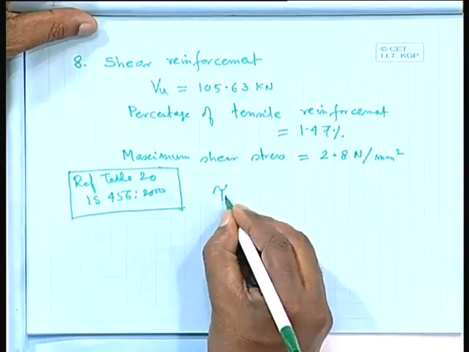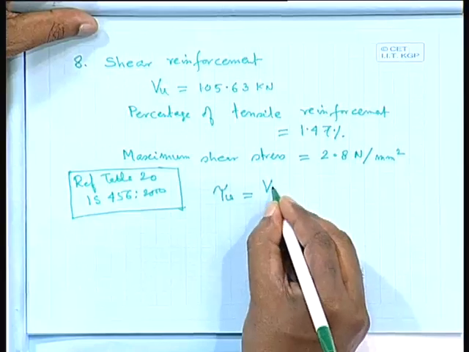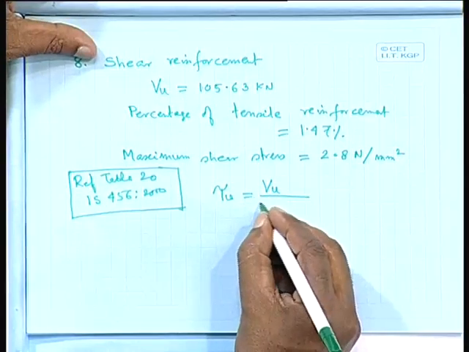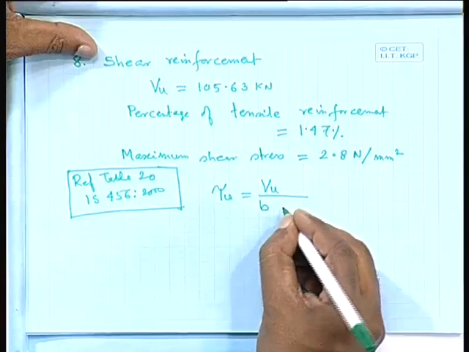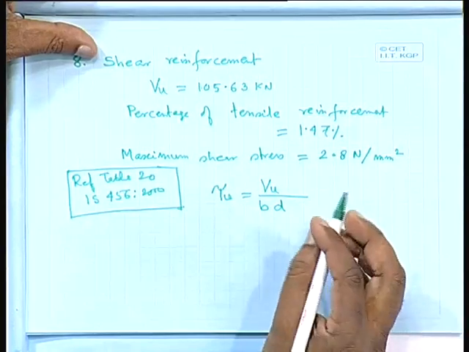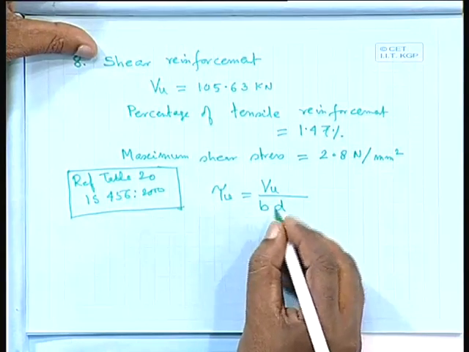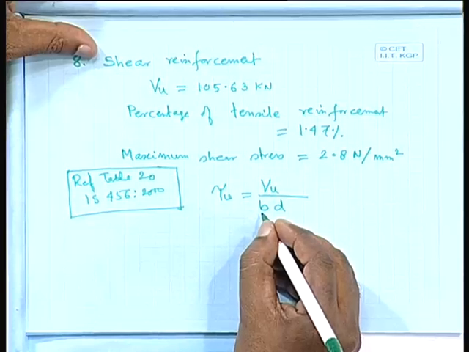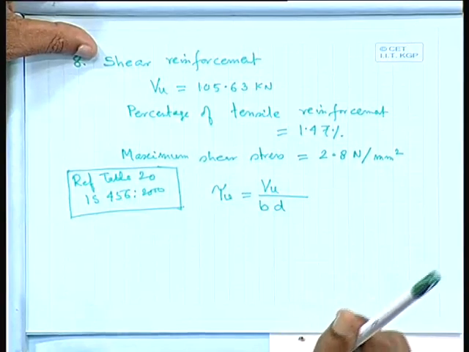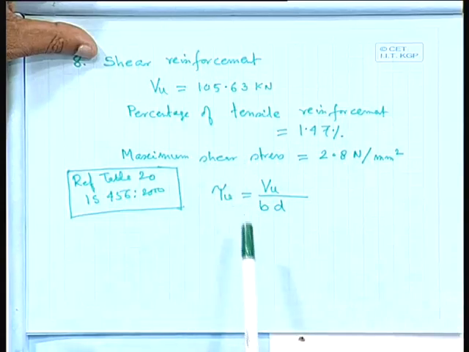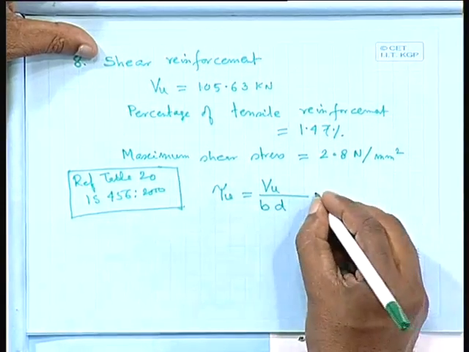So, tau v equal to Vu by B times d. What about this B? B is the width of the web. Though we are talking about a T beam, but here you have to take B as the width of the web.